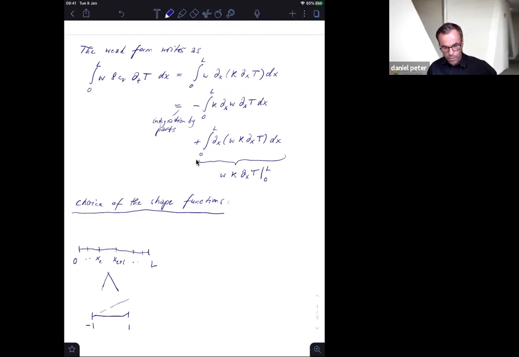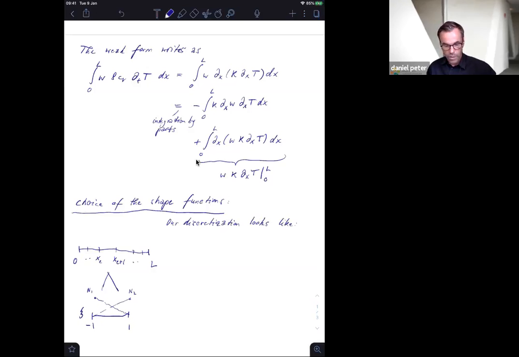And here we use the shape functions N1 and N2. And here we have xi. So our discretization looks like the following.